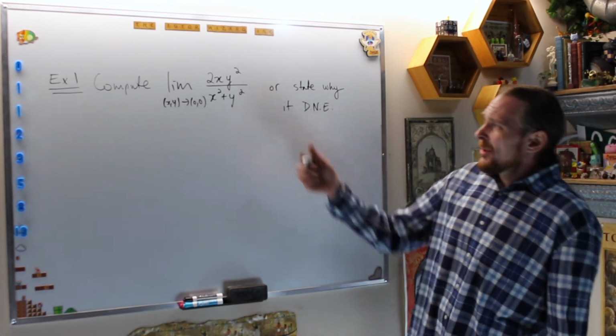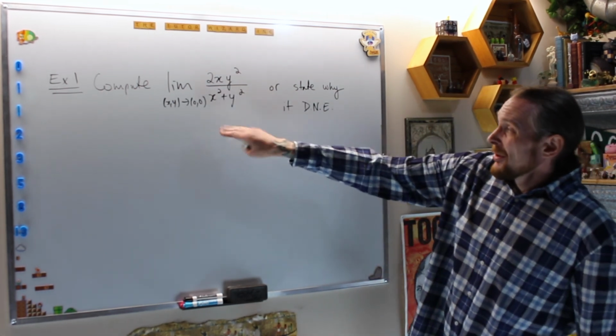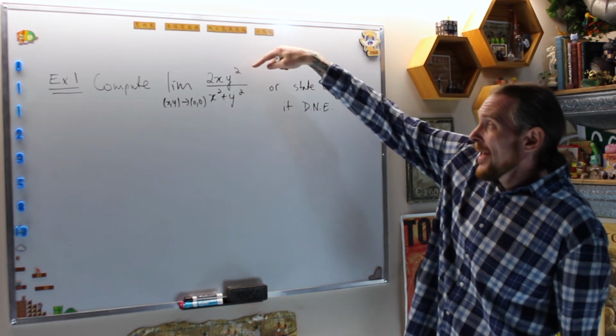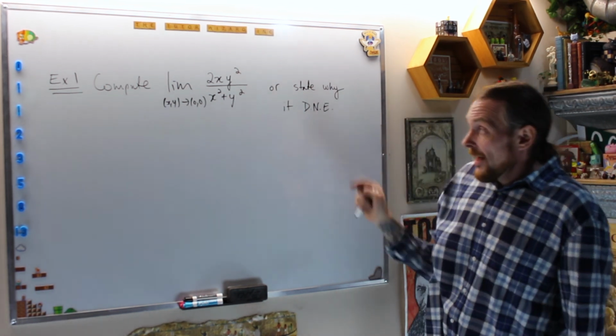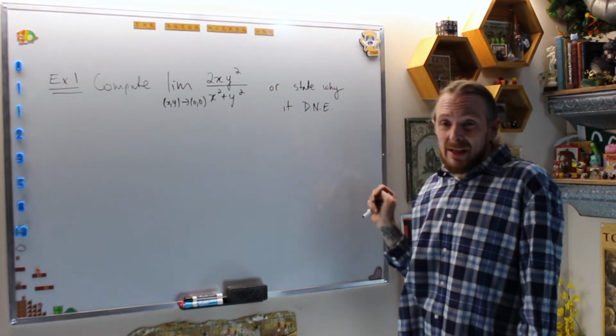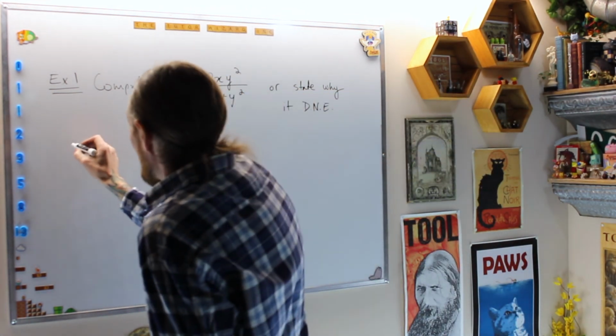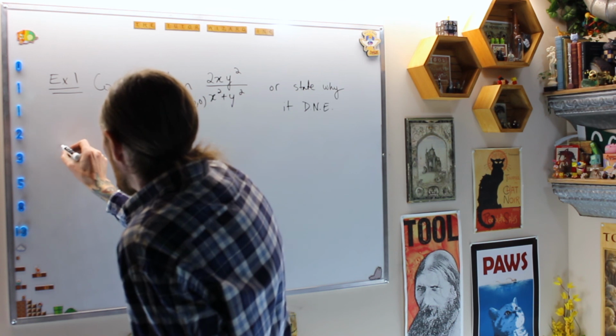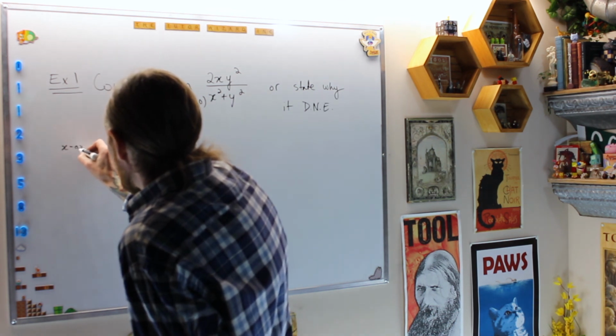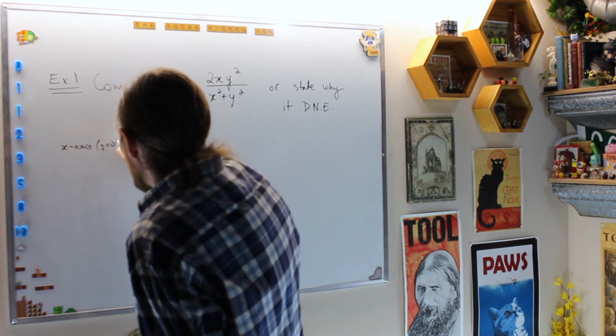Next example. All right, example 2, compute the limit as (x, y) approaches (0, 0) now of a slightly different function, 2xy squared over x squared plus y squared, or state why it doesn't exist. All right, first of all, if I try to play the same game, along the x-axis, this is when y equals 0.